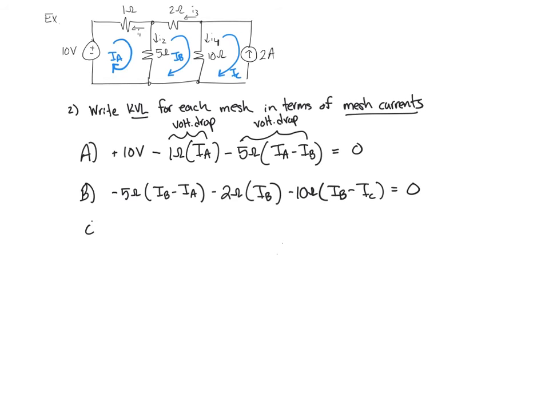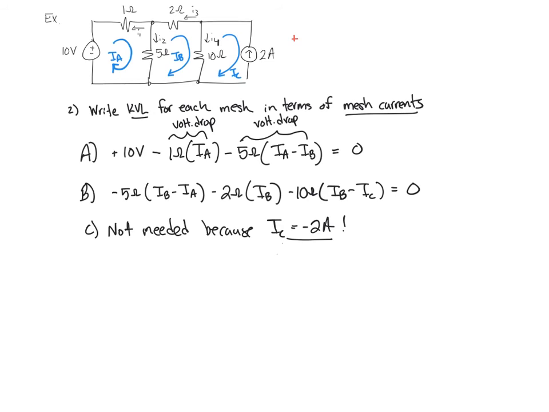For C, the KVL is not needed because the mesh current is already known as IC equals negative 2 amps. If we were to do this, we would have to identify an unknown, and that unknown would be the voltage across the 2 amp source.